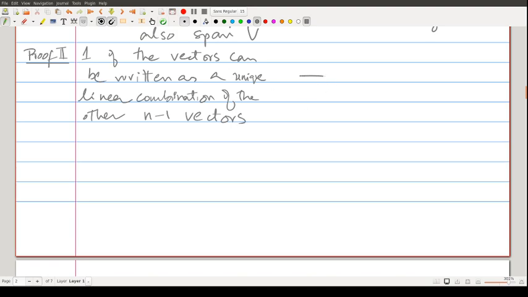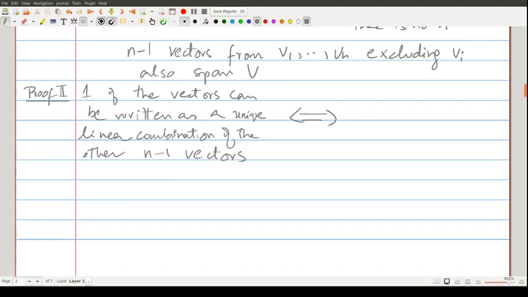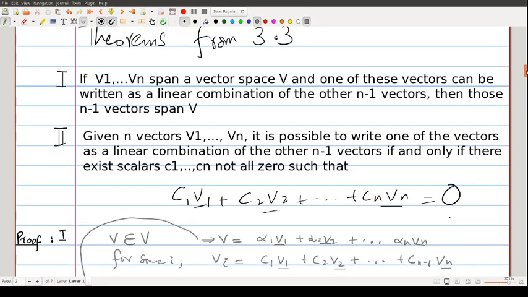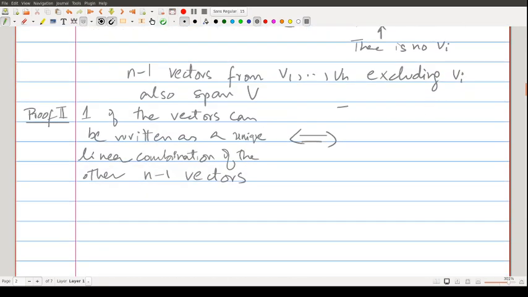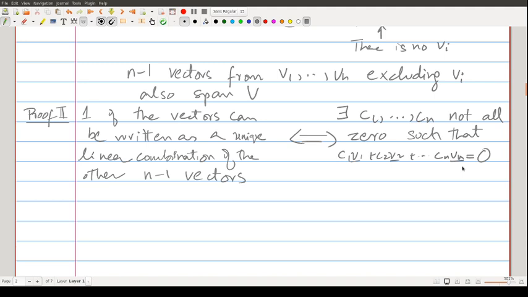You can do this if and only if you have this condition to be true, that there exist c1 up until cn not all 0 such that c1 v1 plus c2 v2 plus dot dot dot cn vn is equal to 0. So these are not all 0 and yet their linear combination is 0.